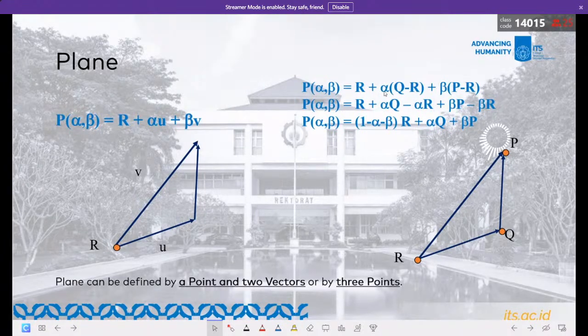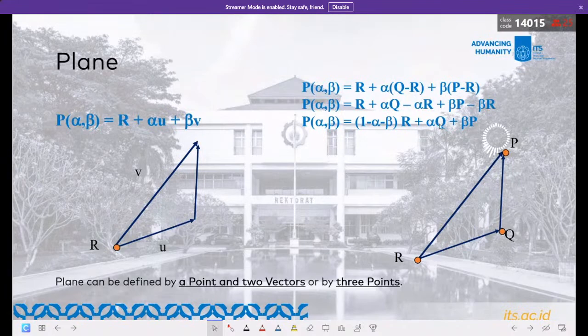We just need to derive the equation by transforming this U into Q minus R, and V into P minus R. So this is what we got, and we extract out the whole variables, and then we got this, and we collect the same scale, the same point.